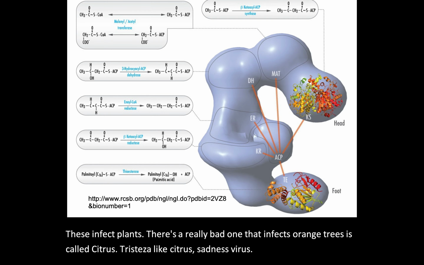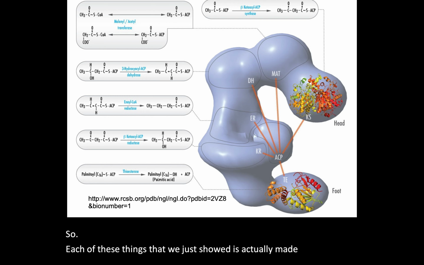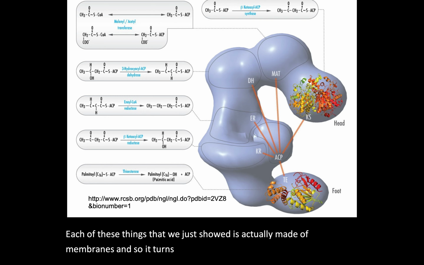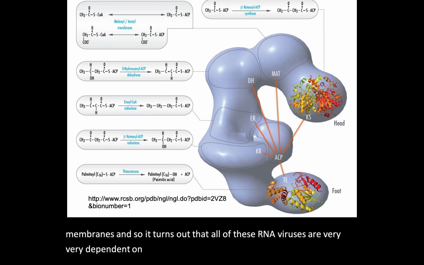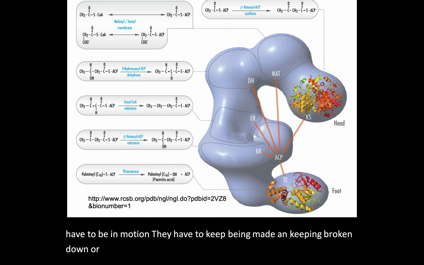Okay, so each of these things that we just showed is actually made of membranes. It turns out that all of these RNA viruses are very, very dependent on the membranes of the cells. And the membranes have to be in motion. They have to keep being made and keep being broken down, or else viruses can really suffer.